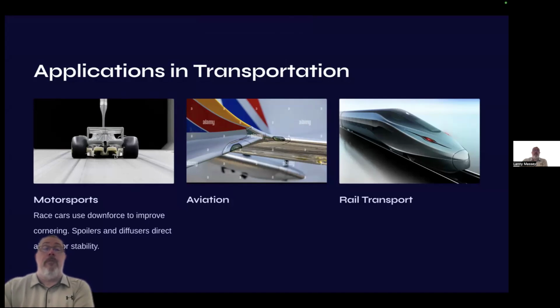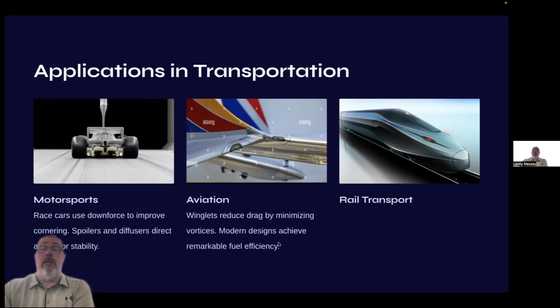Diffusers are basically a smaller spoiler that are used to try to break up turbulence so that the car doesn't get, as they say, squirrely. Aviation, with airplanes, they're starting to put winglets, which help minimize vortices, and all vortices are, again, that turbulence that we're talking about.